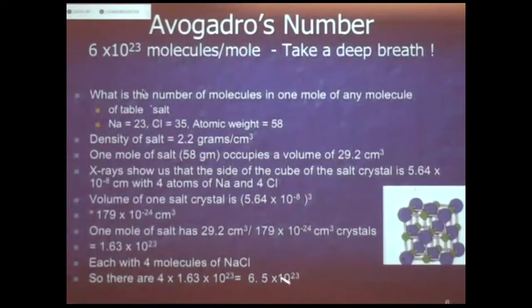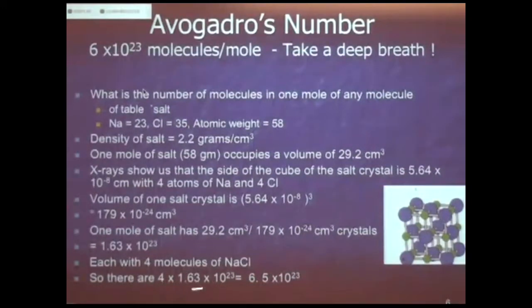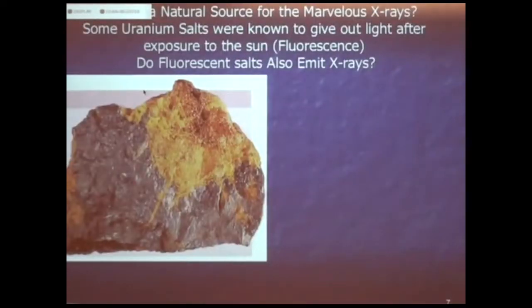So I multiply by 4 to give us a total of 6.5 times 10 to the 23 molecules and that's Avogadro's number approximately. So you have fun with that and the problem that I gave you. That's why I want you guys to work as a team, because some person might think I need this, some person might think I need that, and you can pool your brains together.